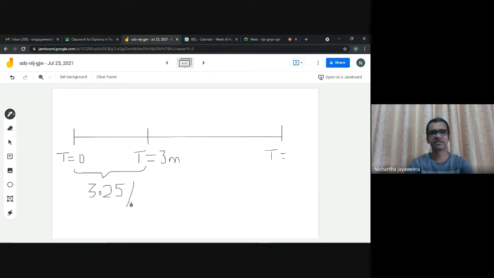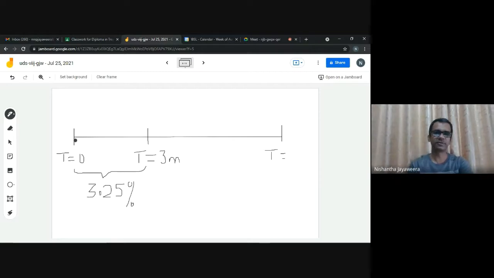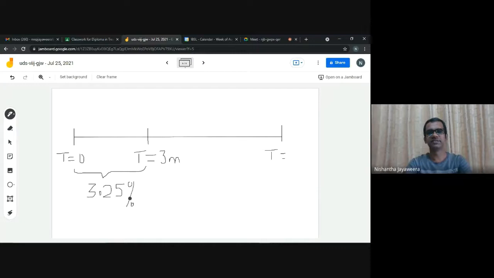So this is the current 3 months interest rate. Starting from today, that means if you place a deposit or borrow for a 3-month period from today, this will be the applicable interest rate.